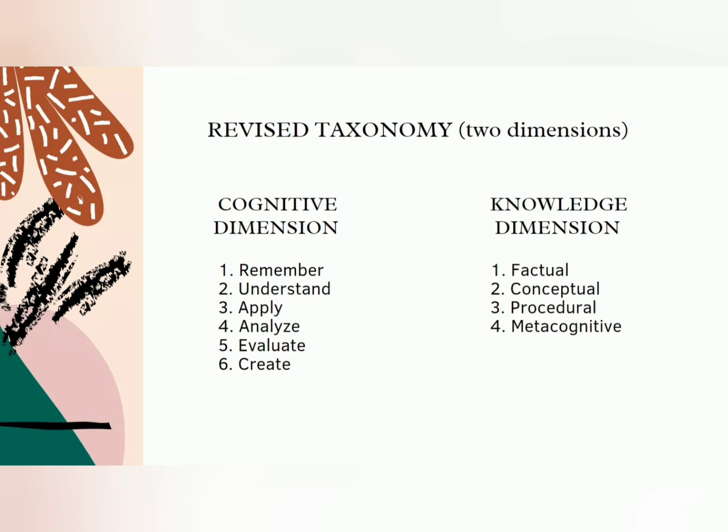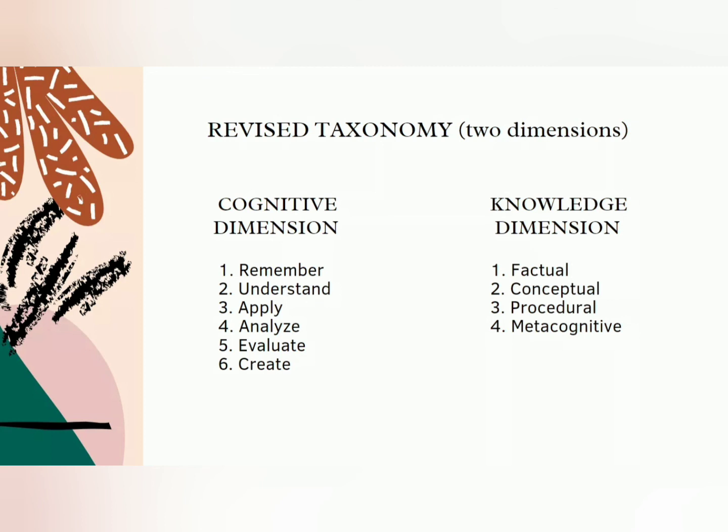The revised Bloom's taxonomy cognitive domain now includes two dimensions. The first dimension is the cognitive dimension. The second dimension is the knowledge dimension.